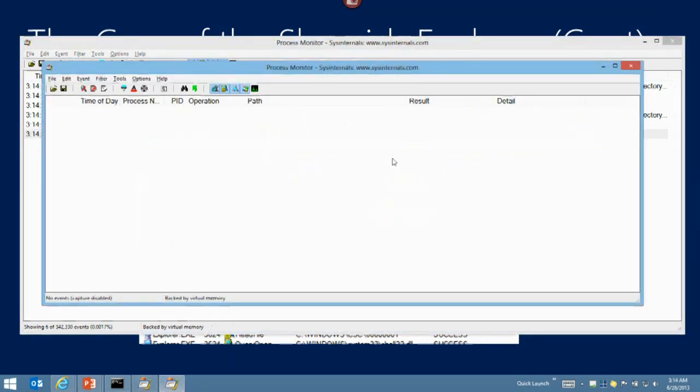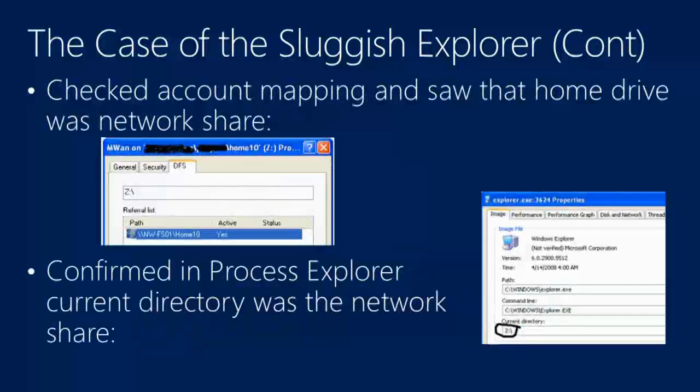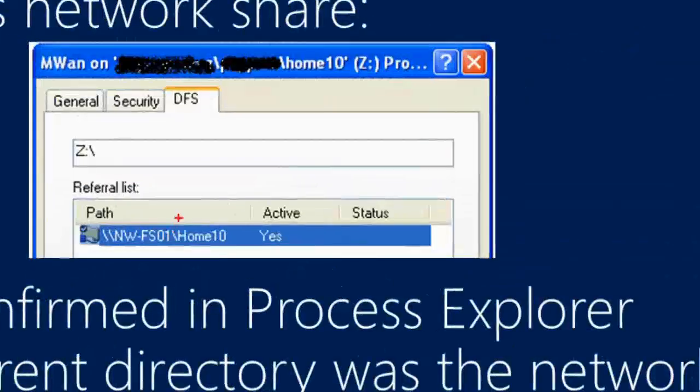But it's a variant on this sluggish Explorer case that this person solved by looking for those name not founds. The next question is, why is it accessing that network share? What they did was take a look at their home drive settings and the account mappings, and you can see that here's the home drive setting right there, pointing at that network share.